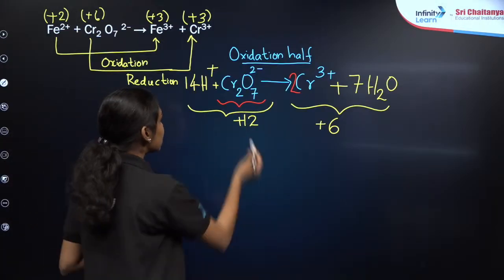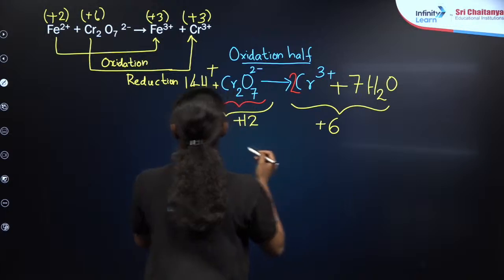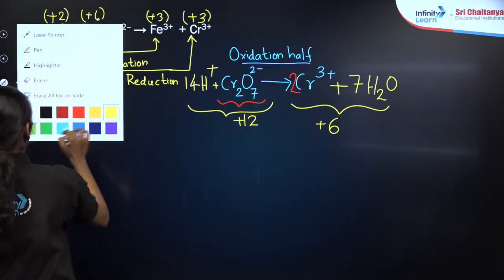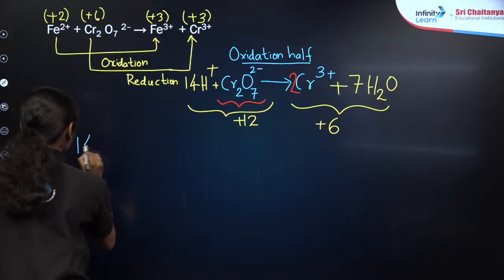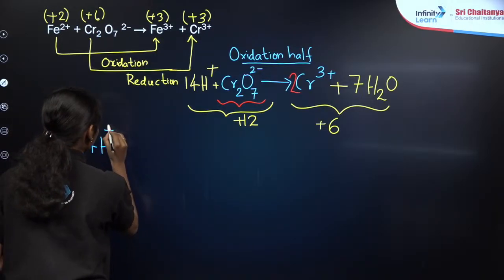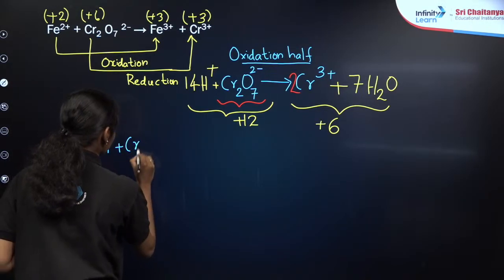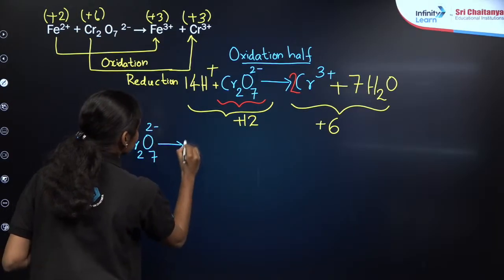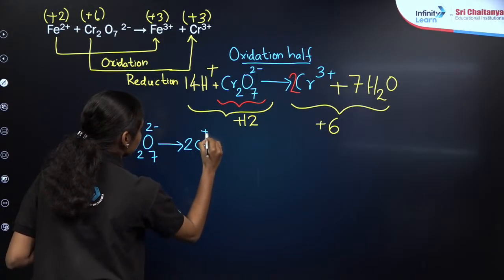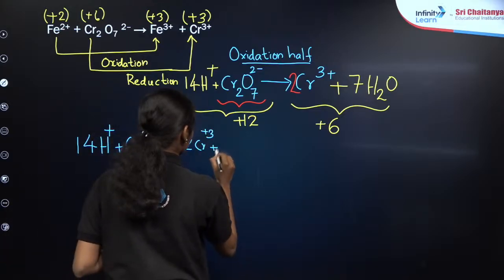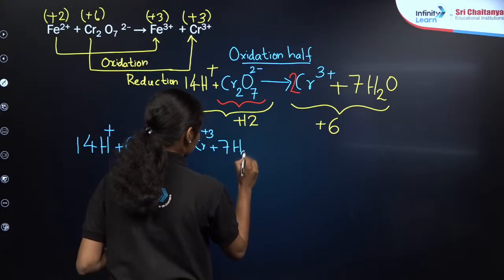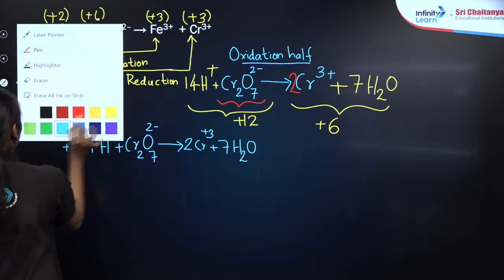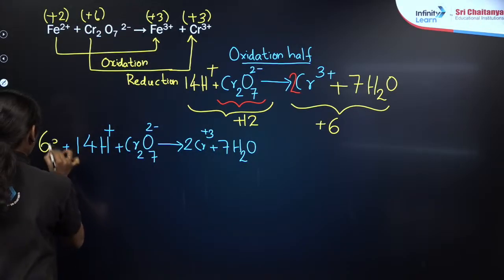As you can see here, it is plus 12 and here it is plus 6. So I am adding 6 electrons here in order to balance the charge.